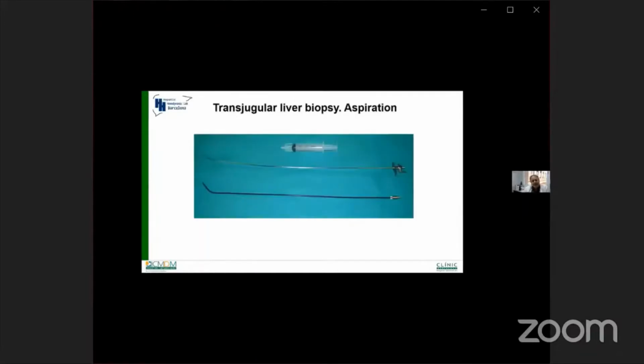This is the setting of the material that we currently use. Actually, this was the device that we used: the needle, the sheath and the aspiration system. This is the technique that we use when performing aspiration.